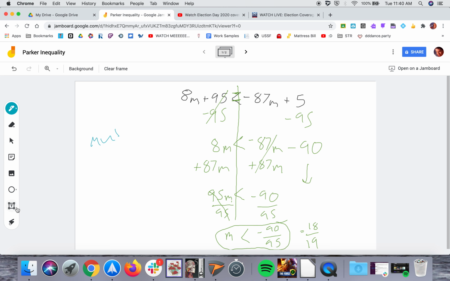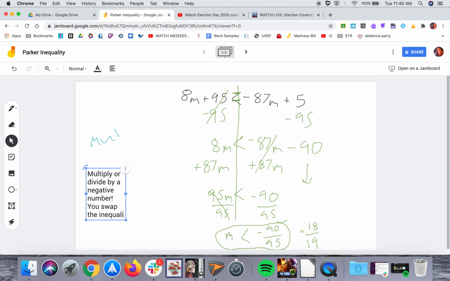Ugh, my handwriting is terrible with this thing. Let's try it this way. Multiply or divide by a negative number, you swap the inequality.